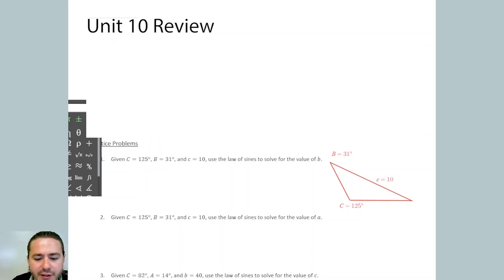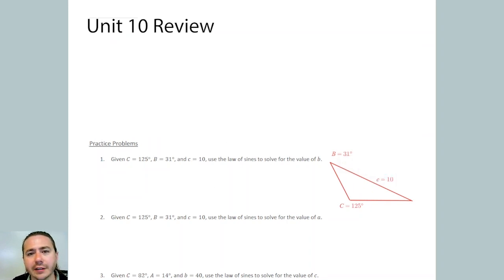Now, this review is set up similar to the test, where you're not going to have to solve for the entire triangle on most questions. Most questions just ask you to solve for one of the components. There might be a few where I ask you to get all of them, but for the most part, you're only required to find one.